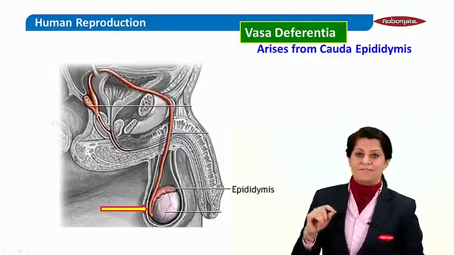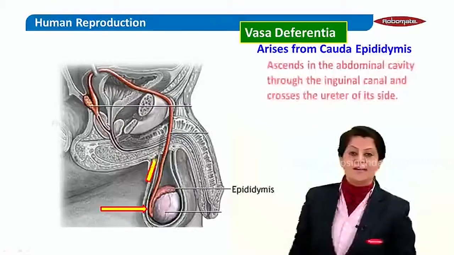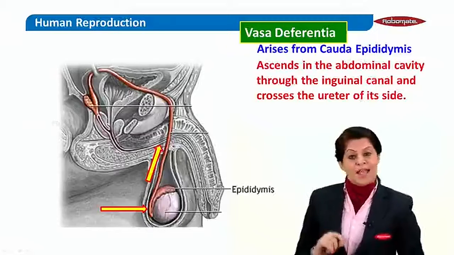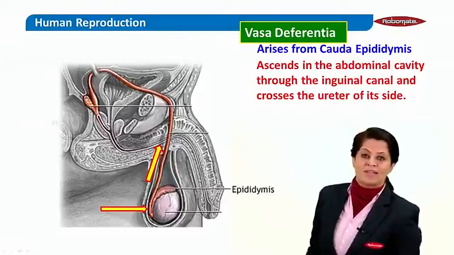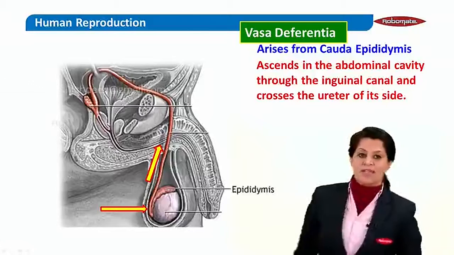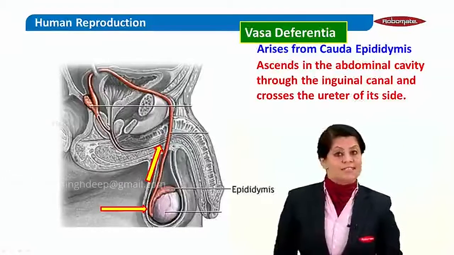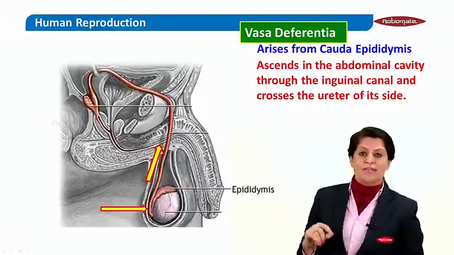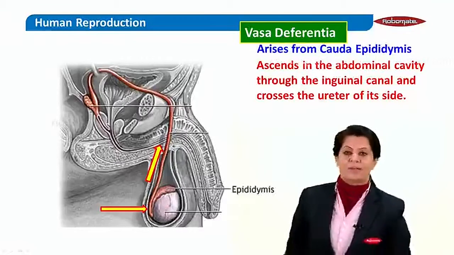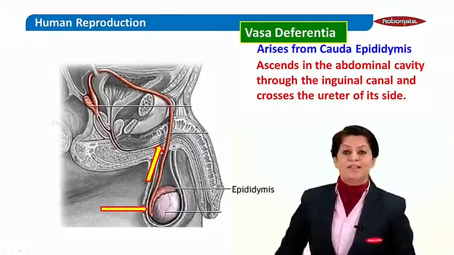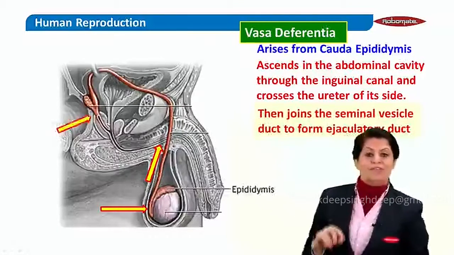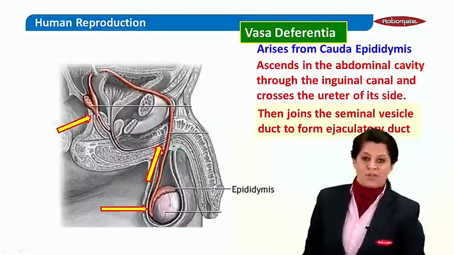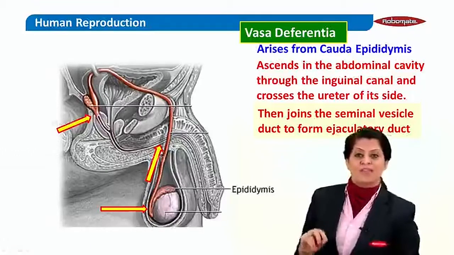So vas deferens rises up in the abdominal cavity through the inguinal canal, and then over in the abdominal cavity, students, you can see it is crossing the ureter of its side, and after that it fuses or joins a duct of a very important gland, students, called as seminal vesicle.